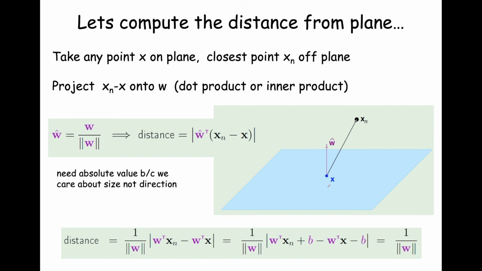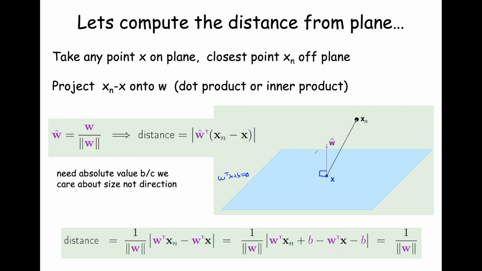We've now at this juncture demonstrated that W is orthogonal to the plane. We know that. Let me draw that right angle box. Now, let's choose any point X that's on the plane. So if X is on the plane, X satisfies W transpose X plus B is equal to 0.